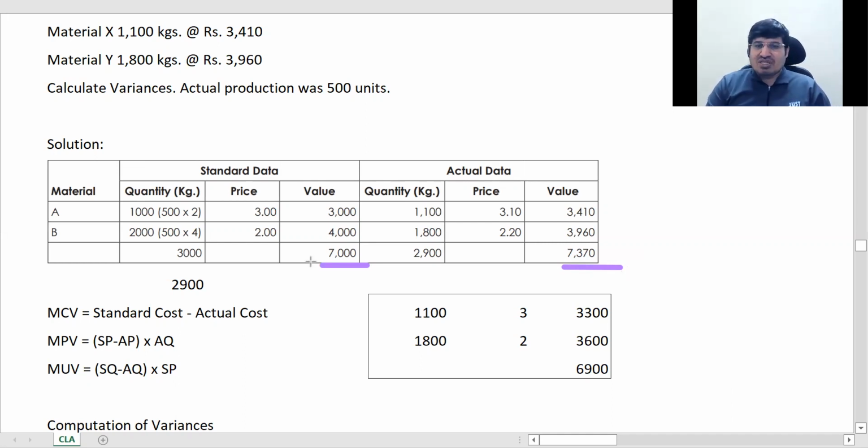So this is material cost variance basically. 7000 minus 7370, it's called as material cost variance. ये देखिए आप, you have the formula. Standard cost minus actual cost is your material cost variance.